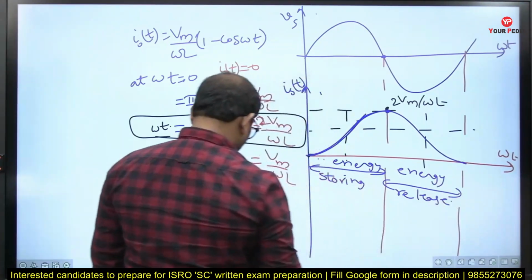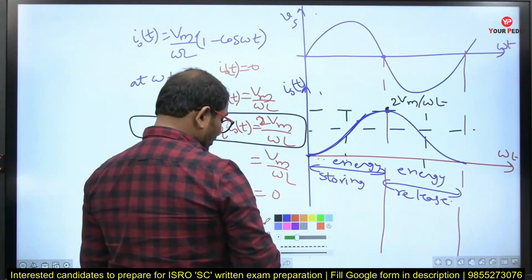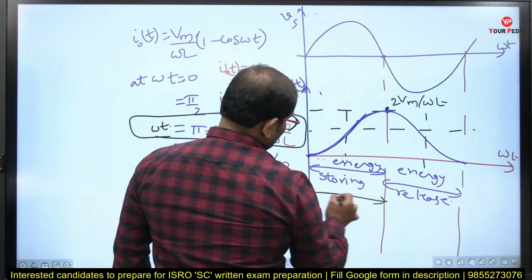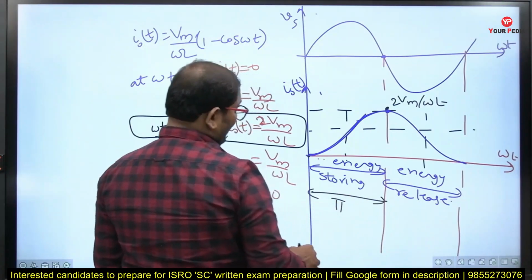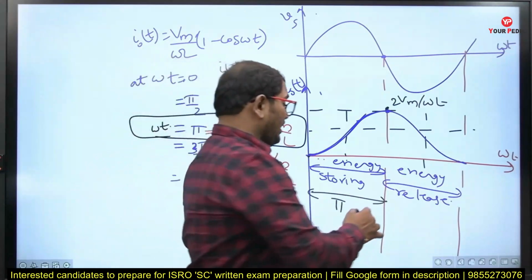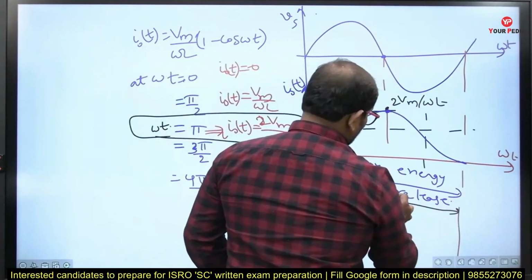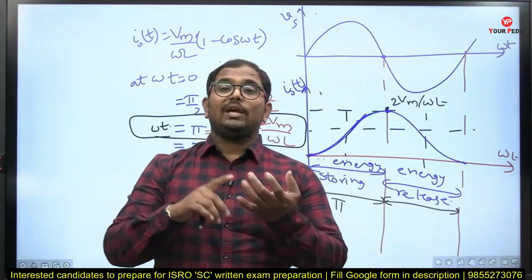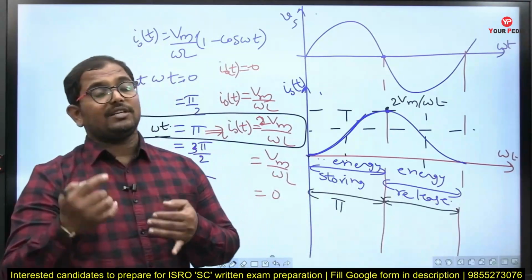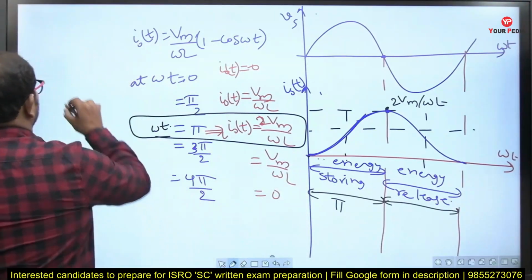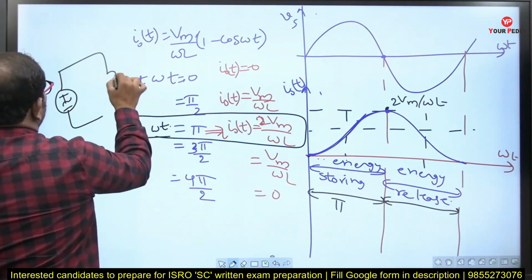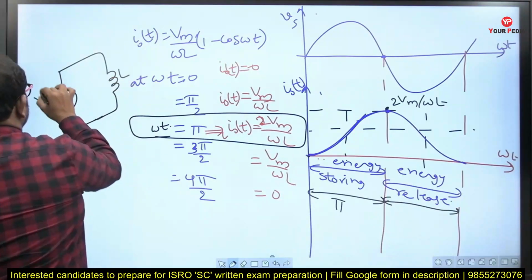How much time duration is energy stored in this circuit? Pi, that is 180 degree, it is stored energy. Another 180 degree it takes to release the energy. So the same device is storing energy from the source, and the same device is releasing the energy to the source. So this is the source and this is the load, that is the inductor.